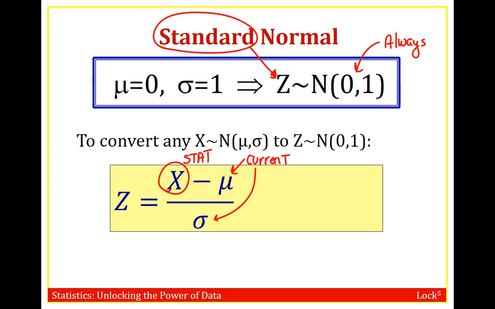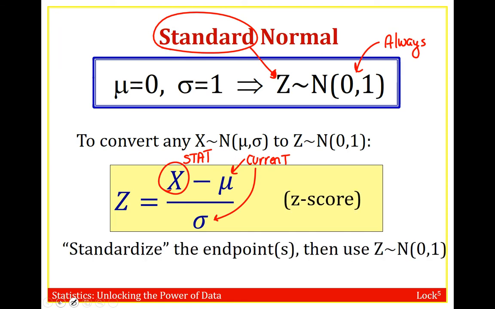This is referred to as standardizing an endpoint. This is called a z-score. And with the standardization of this endpoint, we will then use a 0, 1 to do the distribution. I'm going to show you how it works, and it's very nice.